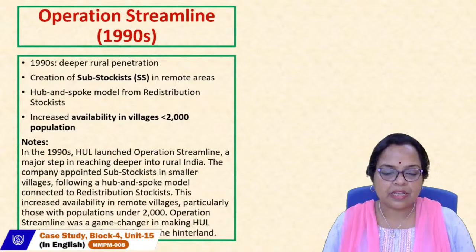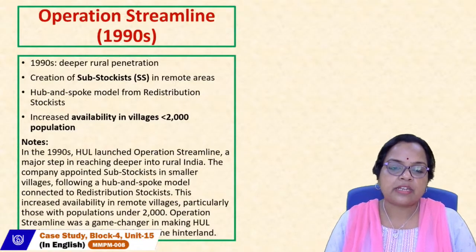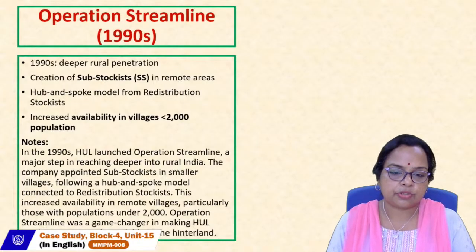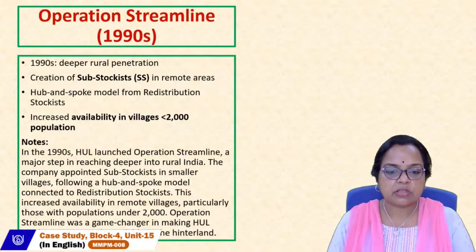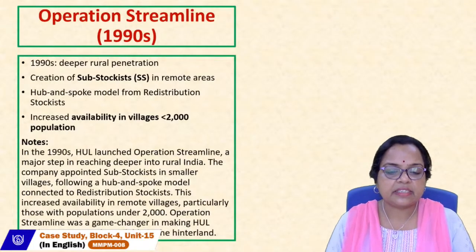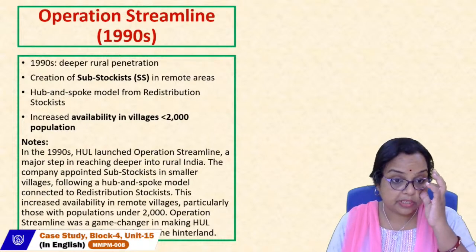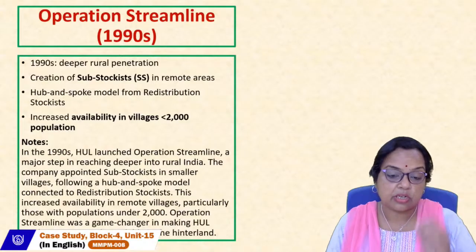So during the 90s they introduced another channel below the redistribution stockist for individual small villages, and they named it sub-stockist. This increased availability in remote villages, particularly those with population under 2000.